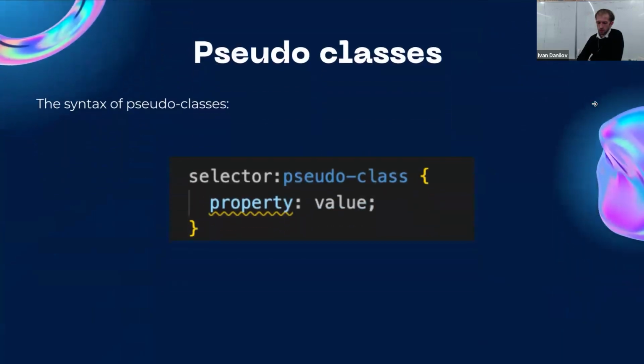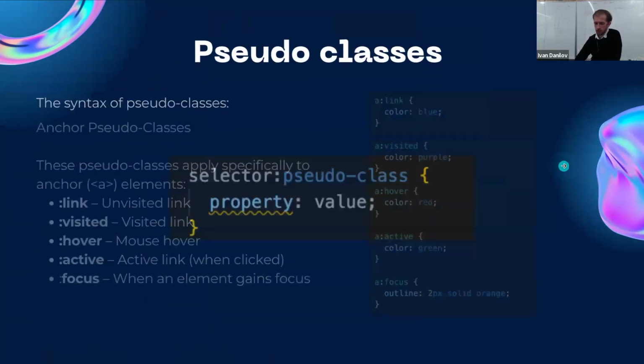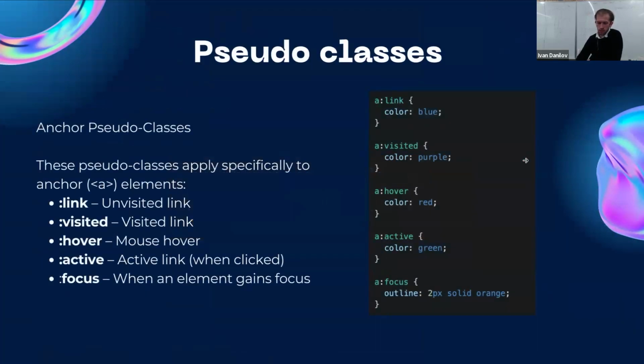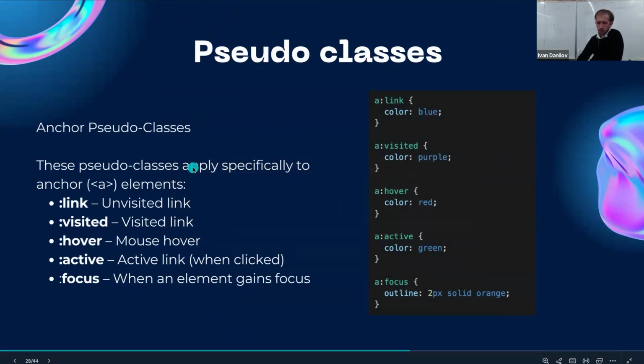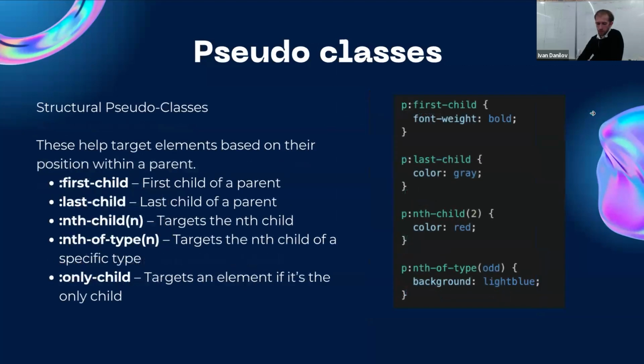And about pseudo classes, these are the syntaxes, and today I asked you a lot about that, so I think you are very familiar with it. Let's have a recap of our last lecture. For example, we can work with link, visited, hover, active, and focus, and here you can read what everything stands for.